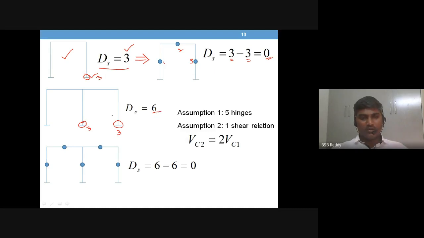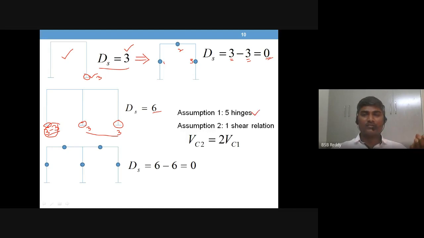So to solve this structure, you need 6 more equations. These 3 unknowns we are able to solve with 3 equilibrium equations. That's it. So these 6 are extra, excess. So you need 6 more equations to solve this. So now you apply the assumptions.